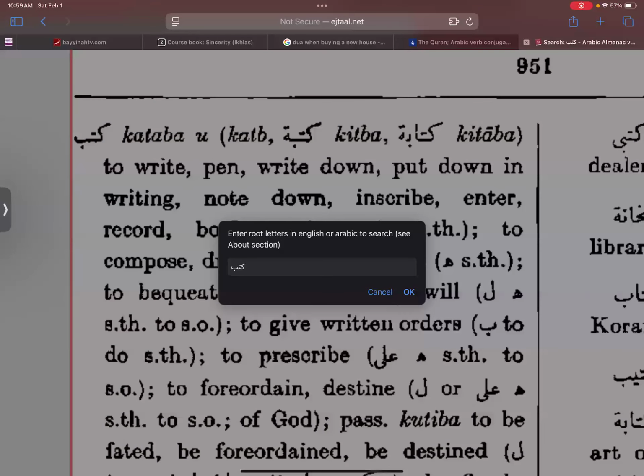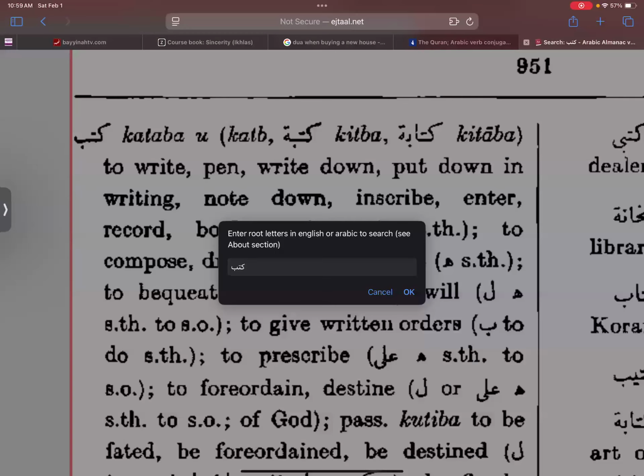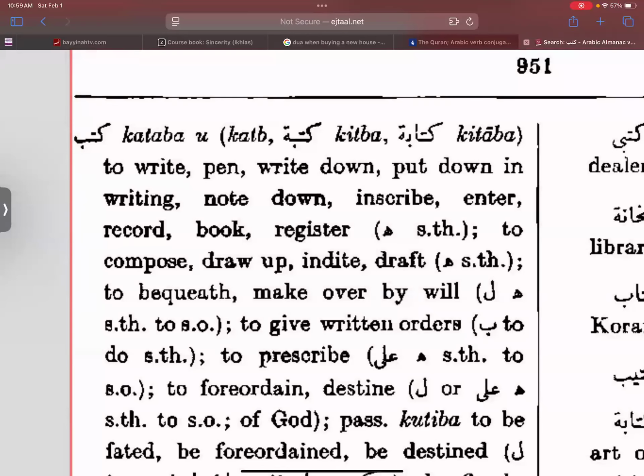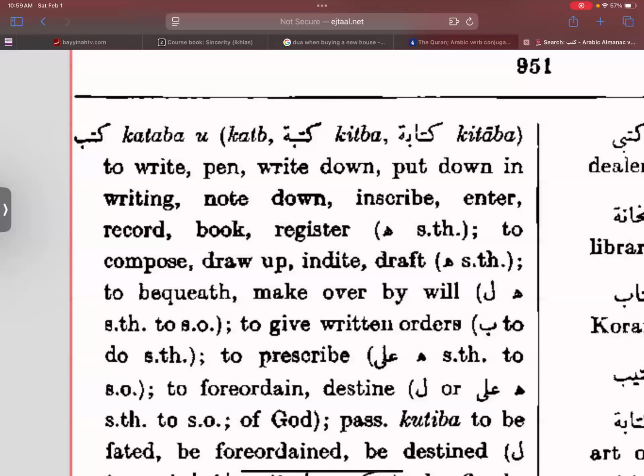What is this K telling me? What is this A telling me? That kaf has a fatha on it. After ta you see an A as well, so ta has a fatha as well. Ba has a fatha as well. So this verb is kataba, not katiba, not katuba.